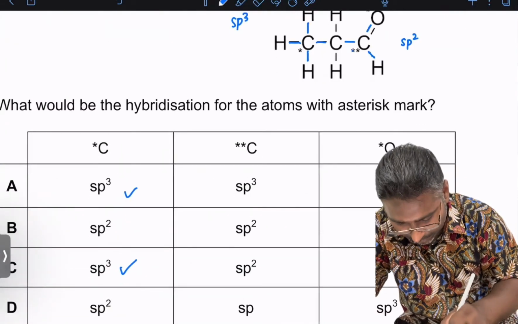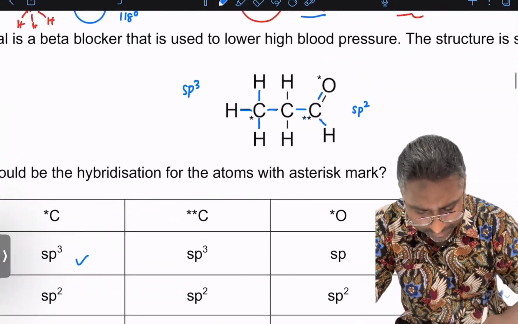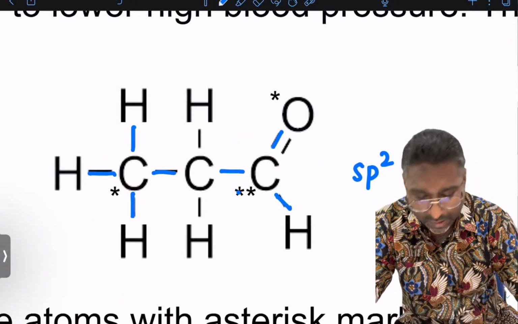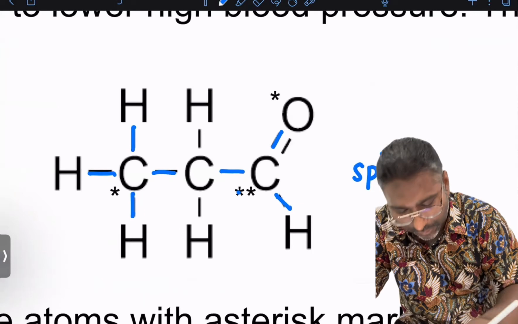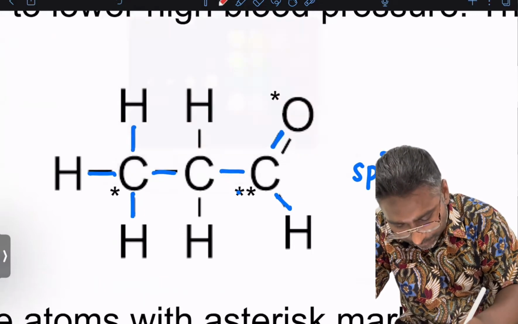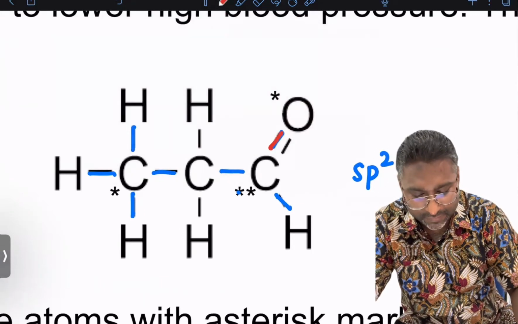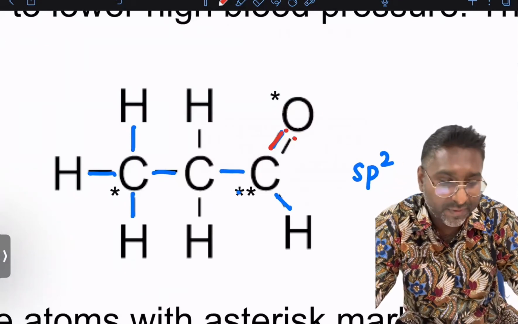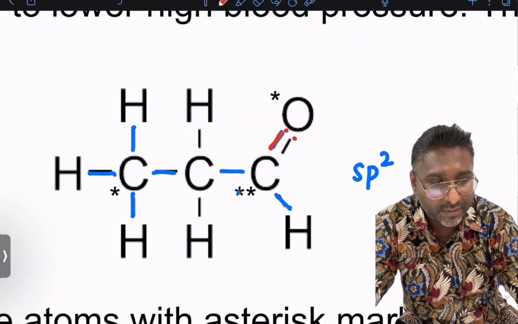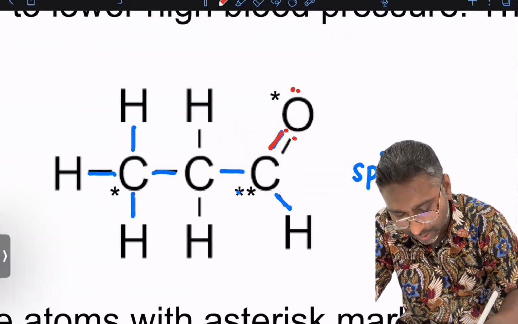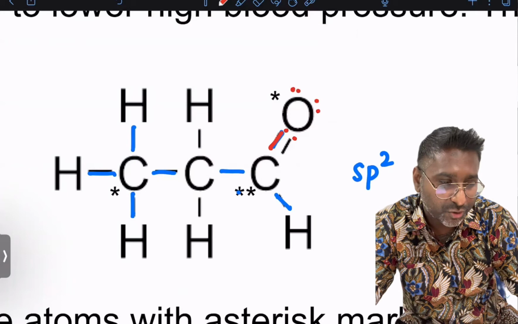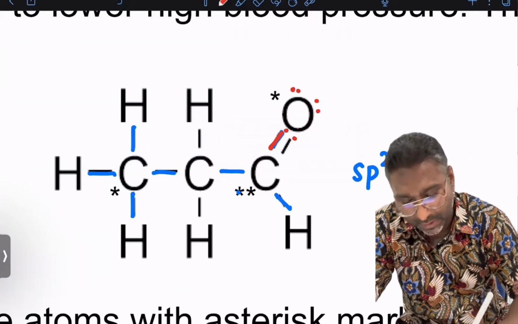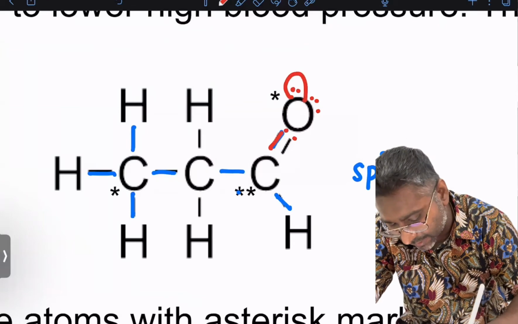Yeah, sp2. And then let's look at oxygen. Now oxygen you need to be very careful. I told you for a double bond, choose only 1. I'll use the red color. You have 2 electrons already for bonding, but oxygen is group 16, so they have 6 valence electrons, and the remaining 4 electrons are there, not shown. Treat the lone pair as 1 orbital also, another orbital.